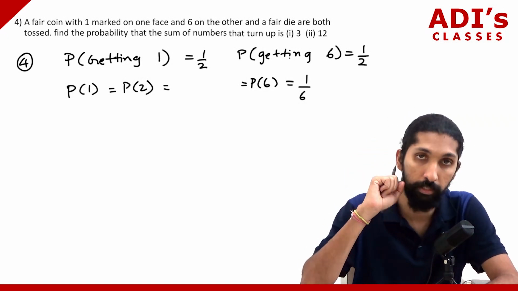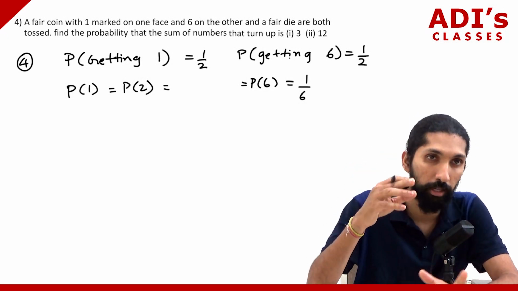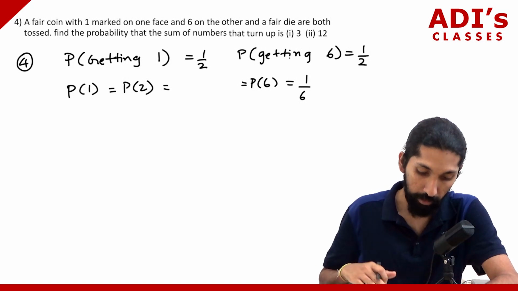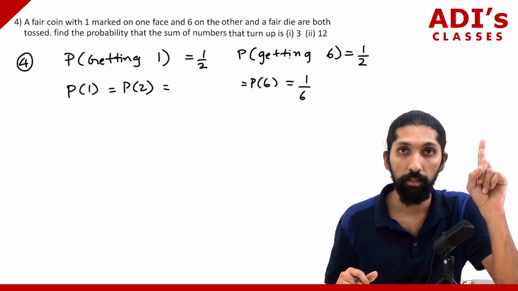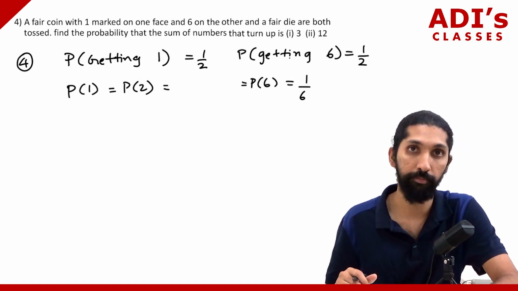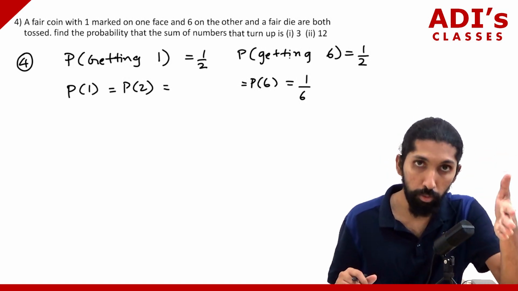If it has to be 3, then I can say that there is only one possibility, which you will understand. That is, the coin has to have 1 and the die should have 2, correct? That's the only possibility. I mean, you cannot have 1, 1, 1. That's not possible. 1 and 2.